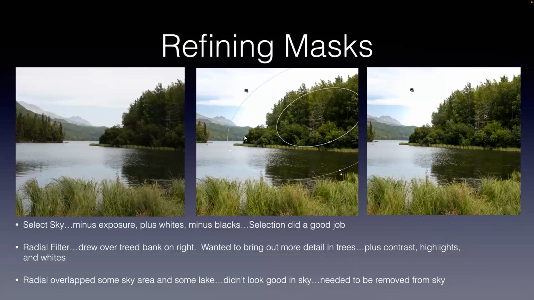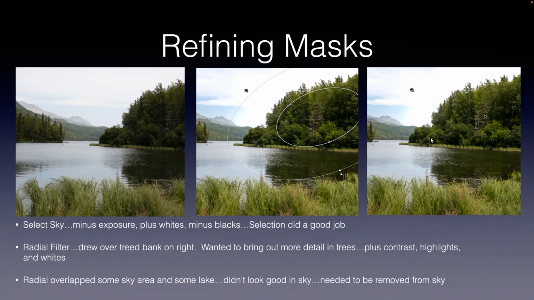So I really don't like what it's doing out here. So I need to get rid of that. So I need to erase that away so that it doesn't get any effect. It's also affecting down in the water, but it doesn't seem to make it look worse. I think it looks good. I'm actually seeing detail down here. So I like it in the water. I just don't like it in the sky.